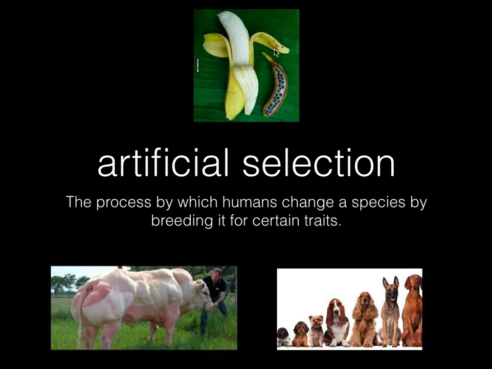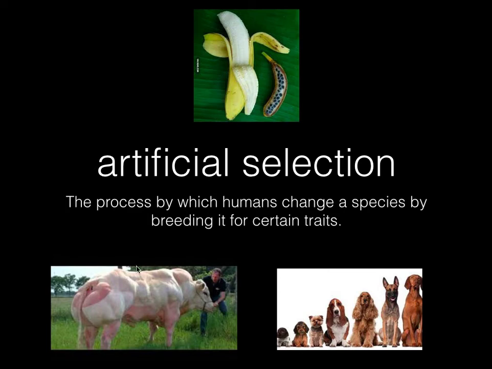If you can see up here, this is what a banana used to look like, or a natural form, and we have actually created the banana that we know and we eat through artificial selection.